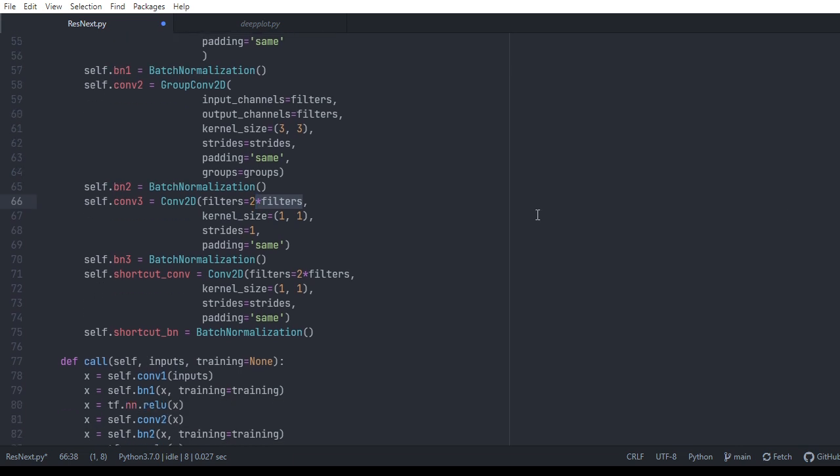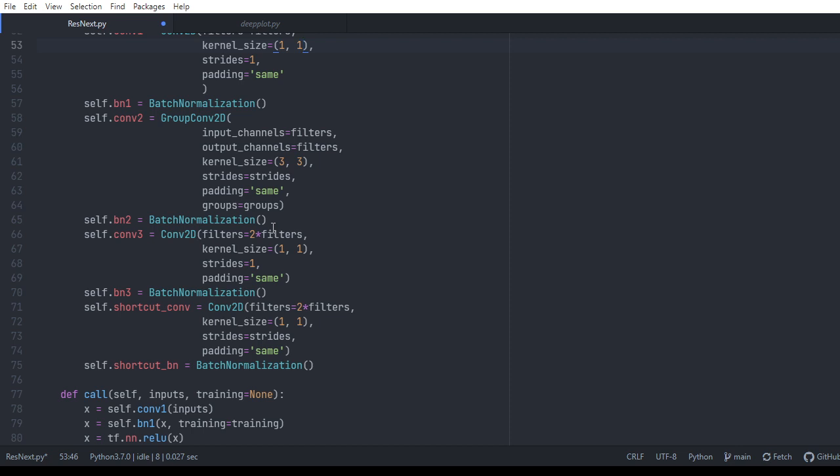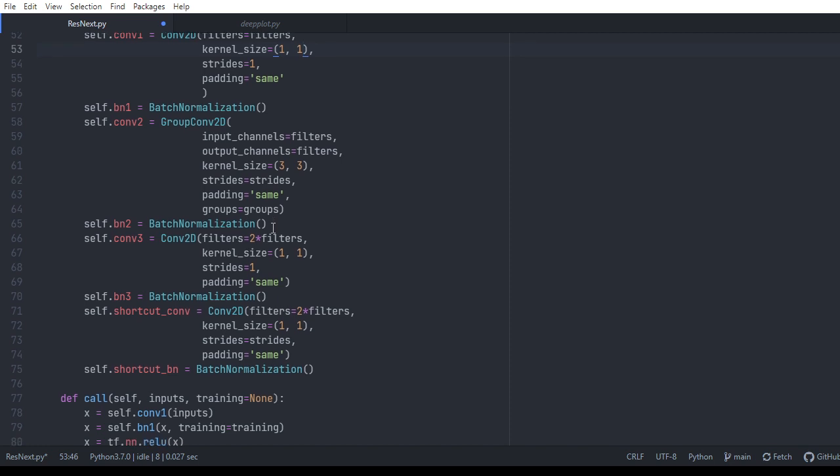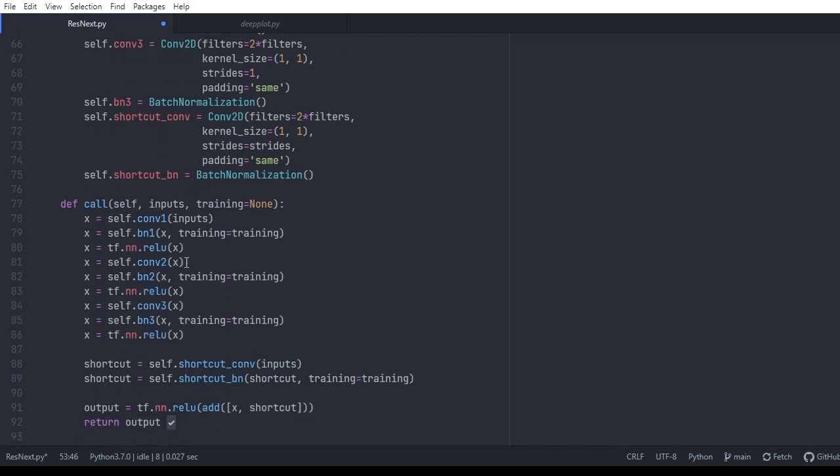Then after we've seen that one, we also see that the group convolution has kernel size 3 by 3, in contrast to the first convolution and the last convolution, which each respectively have kernel size 1 by 1. And then after that we implement the call function, which essentially creates a graph for the flow of the inputs in the residual block of our ResNext architecture.